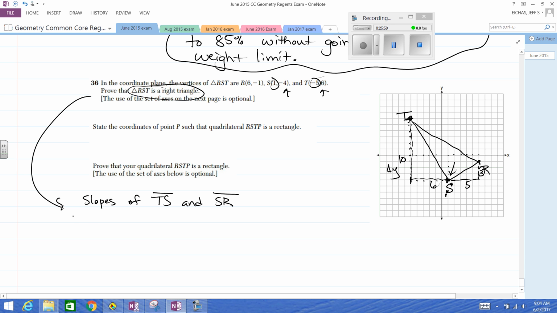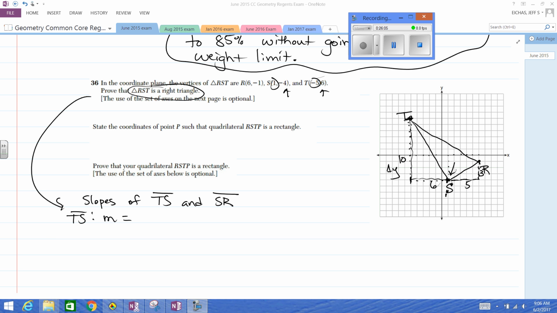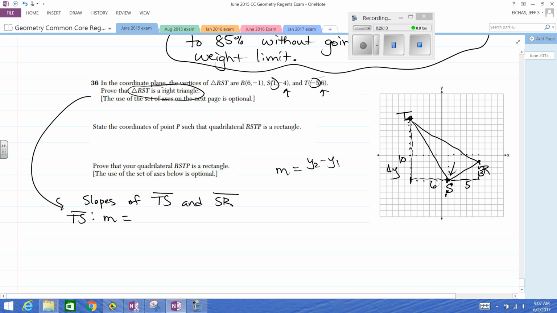So first, TS, the slope. Okay, so I'm going to use rise over run. Algebra is great too. Formulas, you could always do y2 minus y1, x2 minus x1. I'm just going to use change in y over change in x. So rise over run.